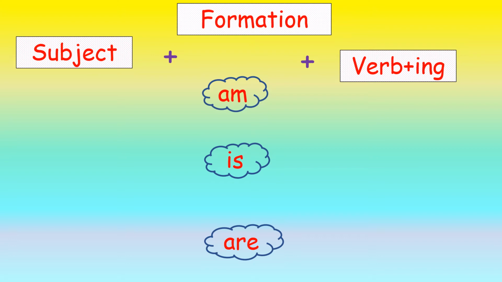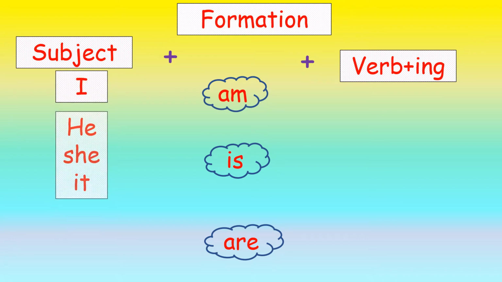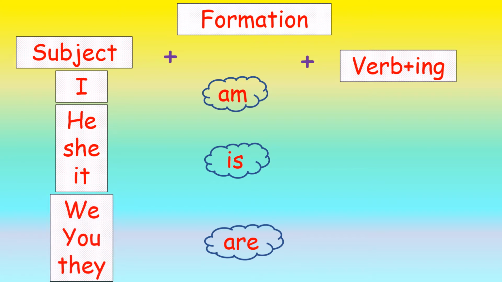The subject is the doer of the verb. It may be I, or he, or she, or it. Of course, I takes am, he is, she is, it is, we are, you are, they are. So, if we want to form a sentence in the present continuous, we put the subject, then the verb to be, then the verb plus ing.